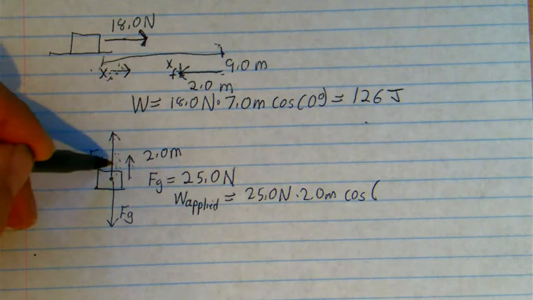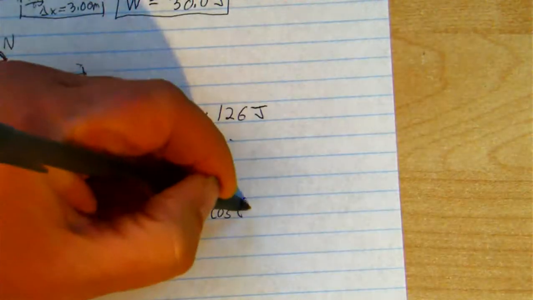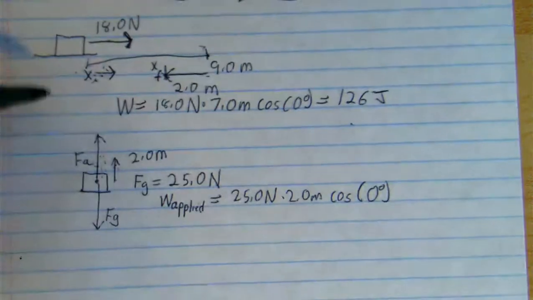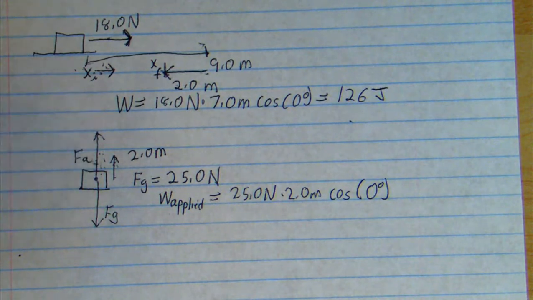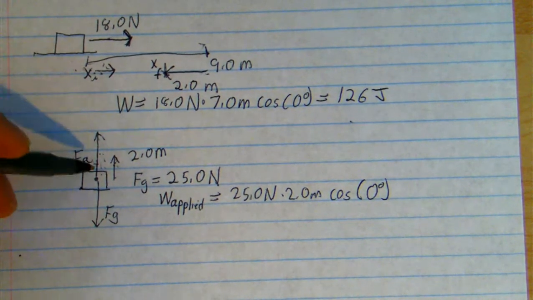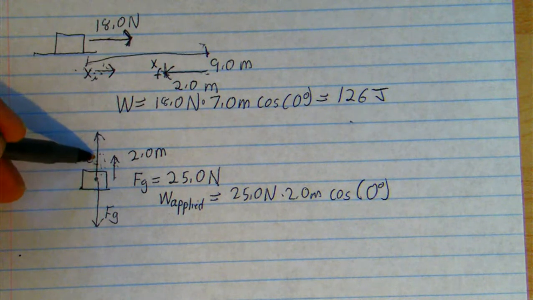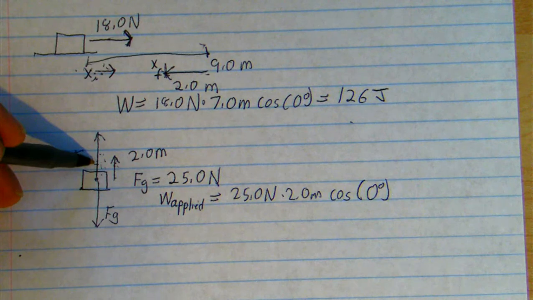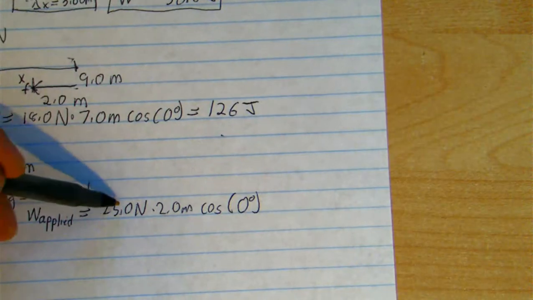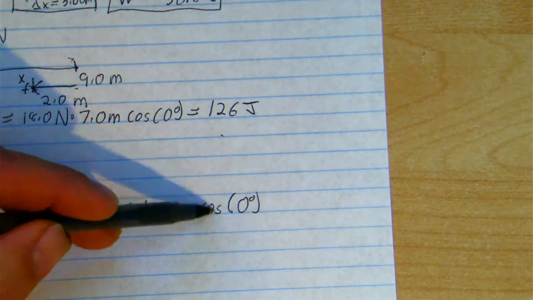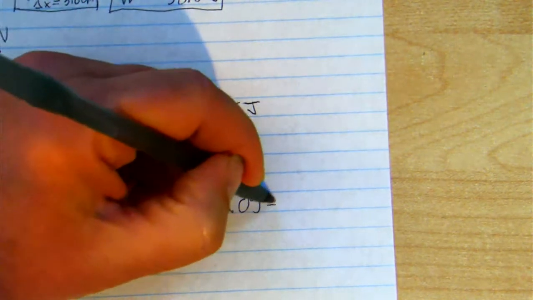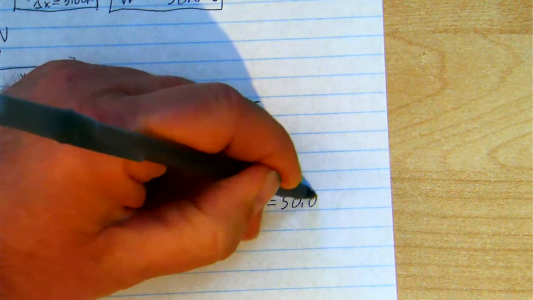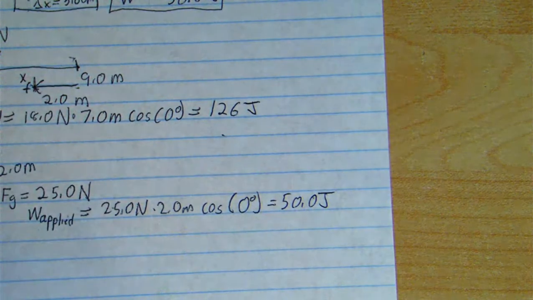The angle between up and up is 0 degrees. It's not 90 degrees because they're both pointing the same direction. That's what we care about. If they're pointing the same direction, then the angle is 0 degrees between them. And so this one you can do in your head. 25 newtons times 2 meters times the cosine of 0 degrees is 50 joules of work is done.